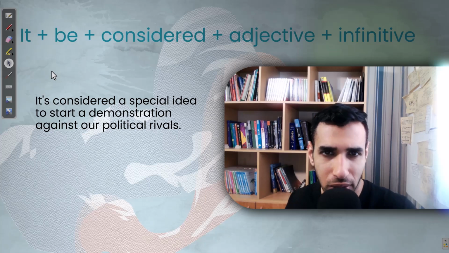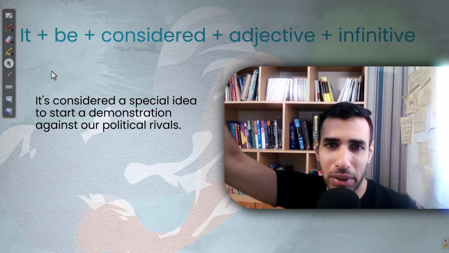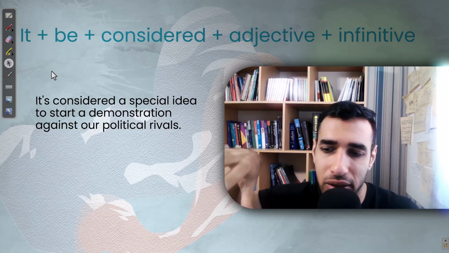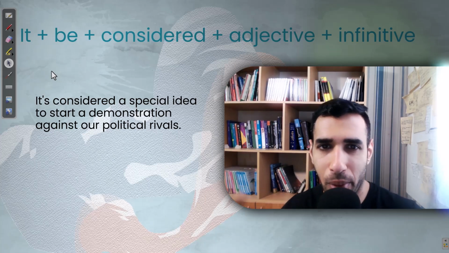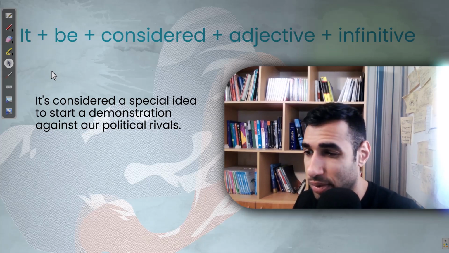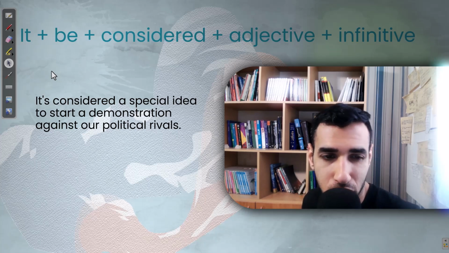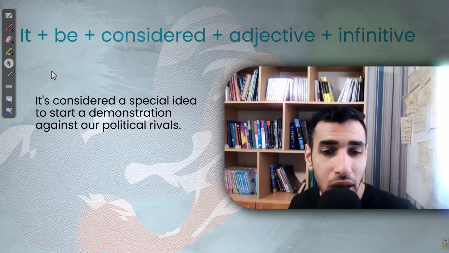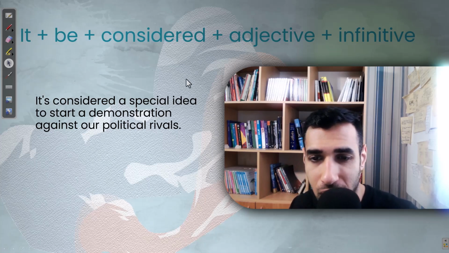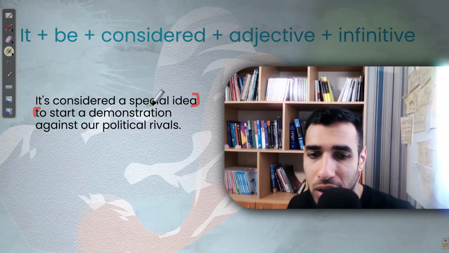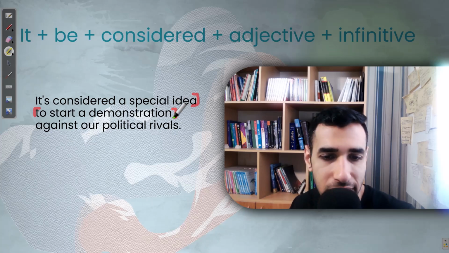A demonstration is when people up in arms go out marching, gathering, and participating to show their opposition to something or support for something. That is called a demonstration. It's considered a special idea, our first clause, and then to start a demonstration is our infinitive phrase.